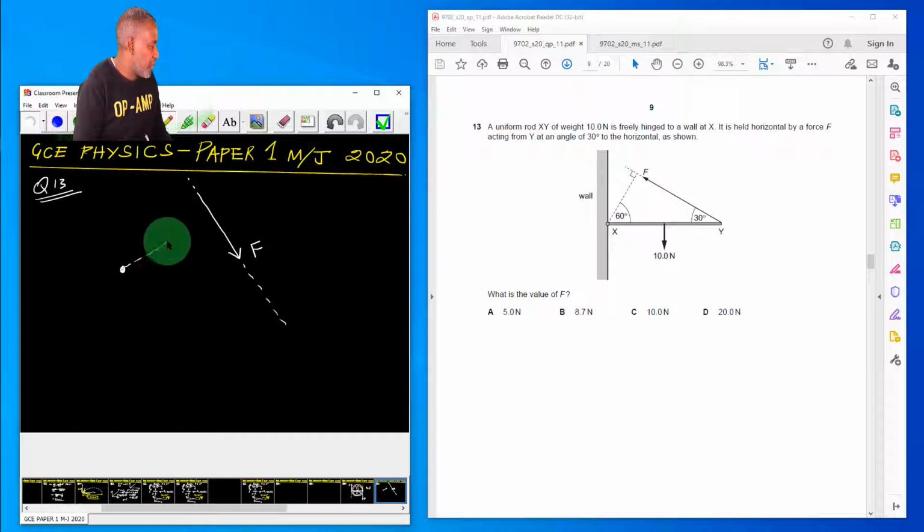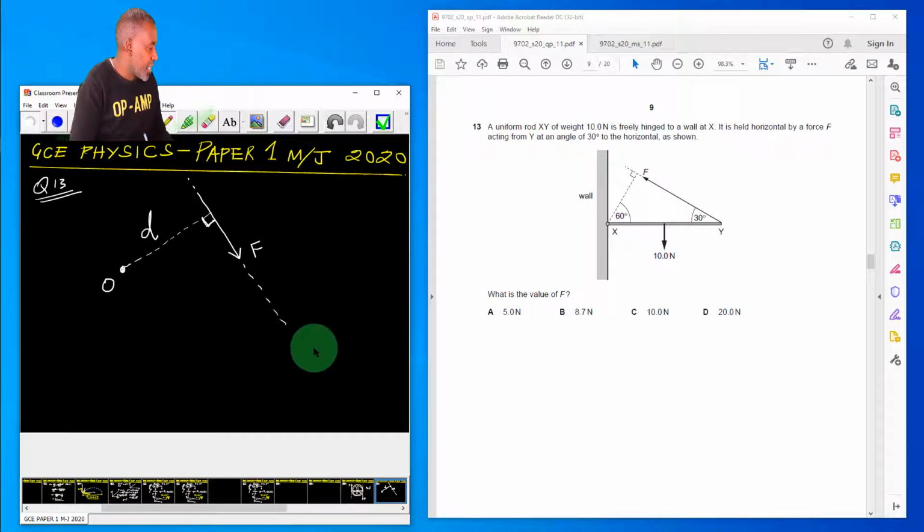We would be required to get the distance from that point O, which makes 90 degrees with the line of action of the force, and then multiply that distance with this force. That is how we calculate the moment due to that force, or the turning effect of that force about the point O. So we are going to multiply F times D.